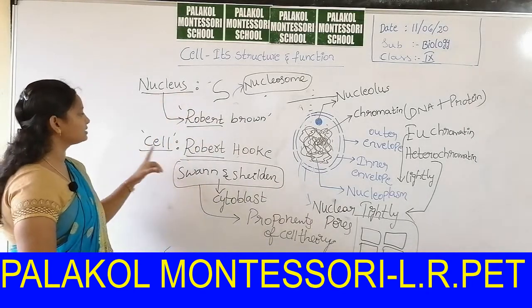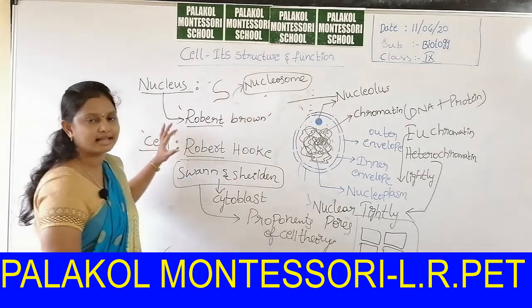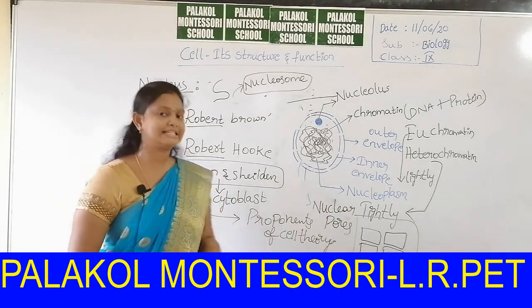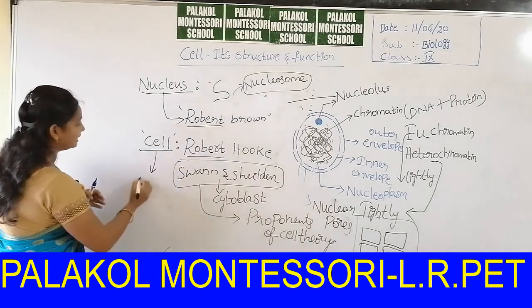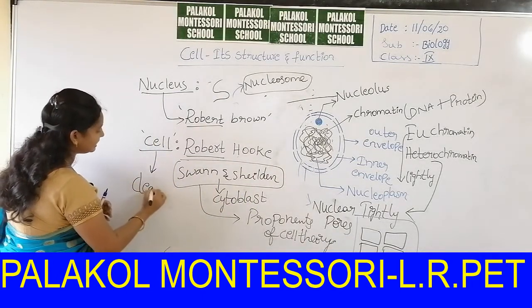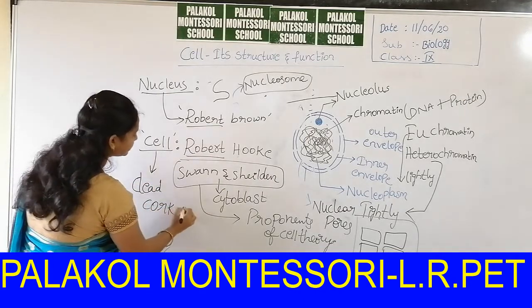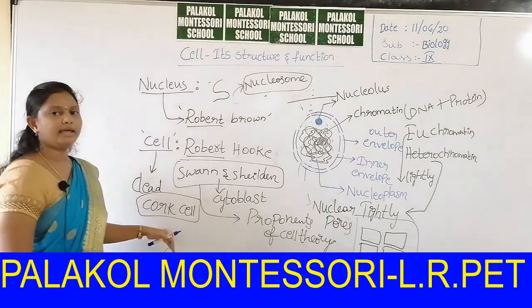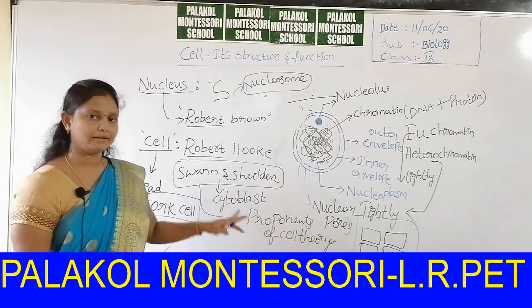But don't confuse Robert Hooke. He recognized the cell, but he recognized a dead cell, the plant cork cell, which is always dead in the plant body.